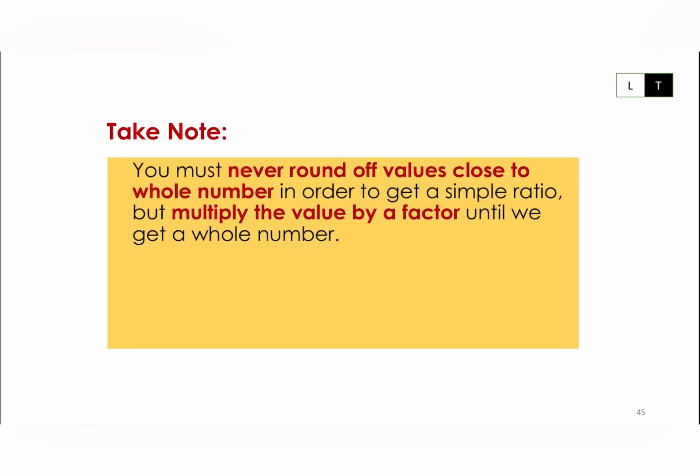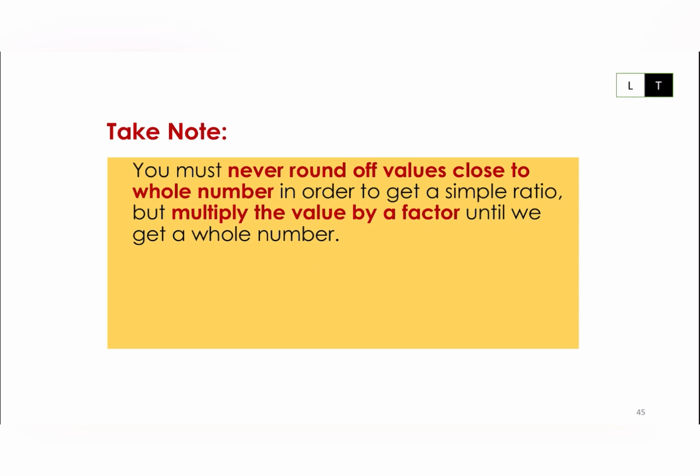Now, I want you to take note a bit about values which are in decimal places. When you calculate the simplest ratio, sometimes you will have a value with decimal places. But please, you must never round off a value which is close to a whole number.